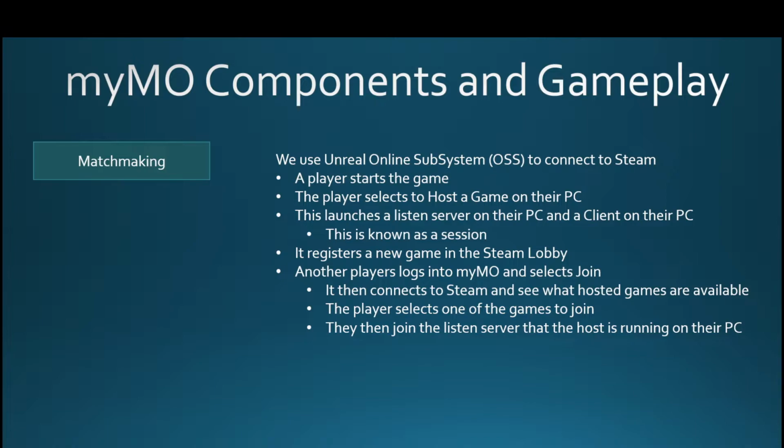Then the person that wants to join the game chooses one of those, and it connects through Steam to that other person's server. It knows where that server is, it knows its IP address. It finds it and connects to it, so all the people that are in that game are connected to that host listen server. That's called matchmaking, and that's how we do matchmaking.